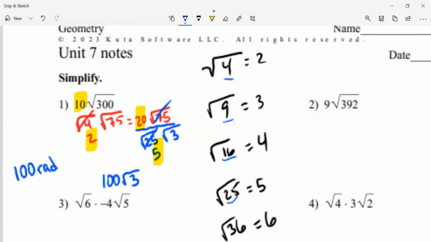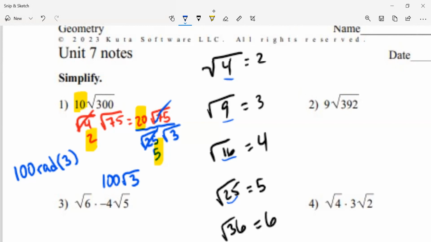And then inside parentheses, I'm going to put a 3. Right, there was a 3 inside of the radical. I use RAD because I'm not going to ask you guys to type in the whole word radical. So just 100 rad 3, 100 radical 3.